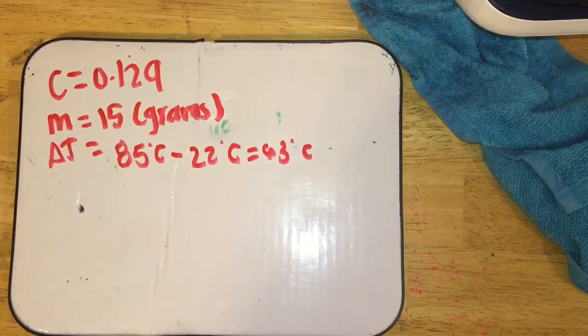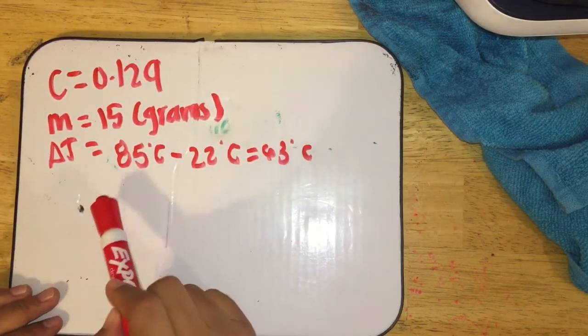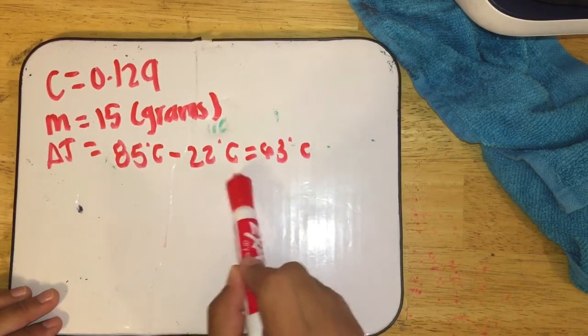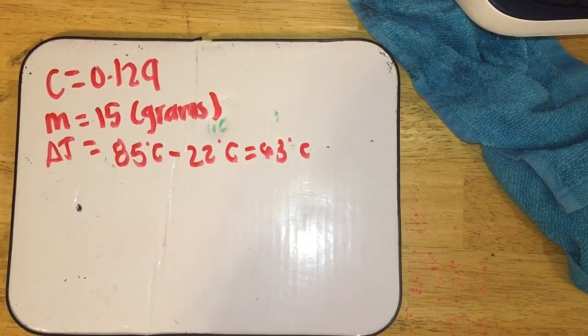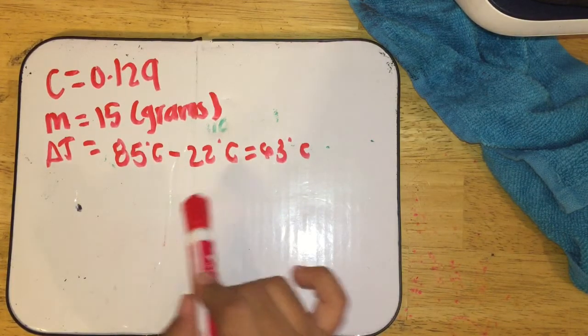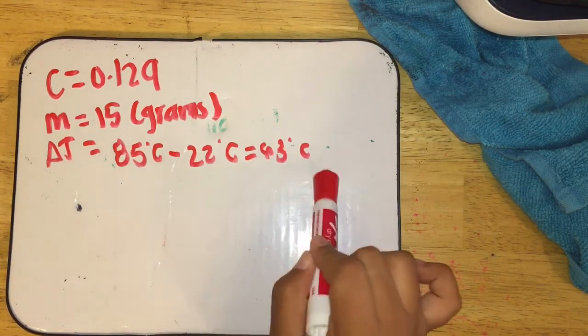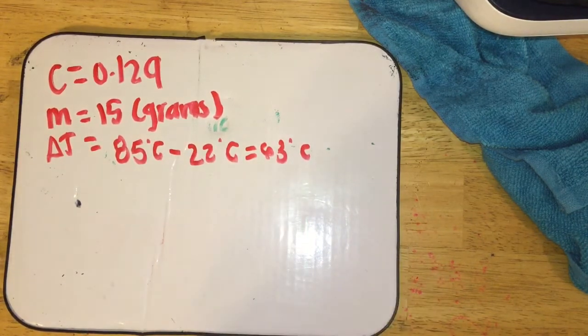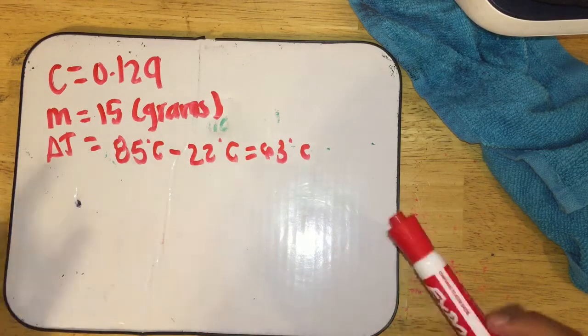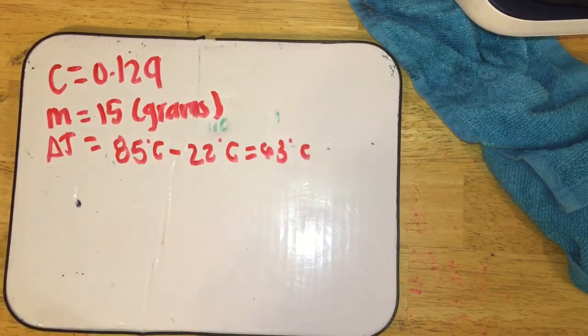In this case, triangle T is equal to 85 Celsius minus 22 Celsius because there is a change in temperature, plus the change in temperature was in between two numbers, so then you needed to subtract them, which would equal 63 degrees.